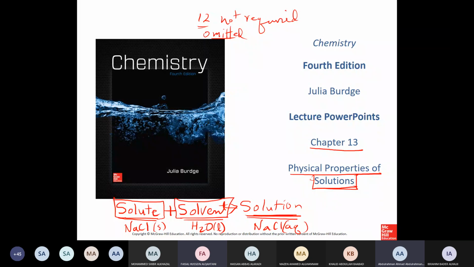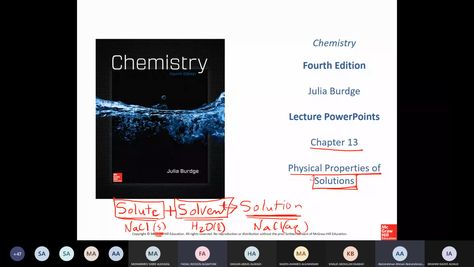How can I tell which one is the solute and which one is the solvent? The one which is more is the solvent, and the one which is less is the solute. Does the solute have to be always solid? No. Give me an example of a solution in which we don't have a solid.